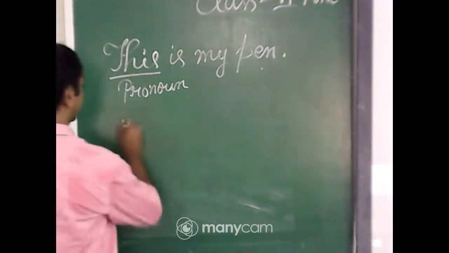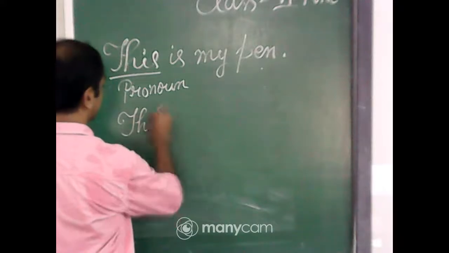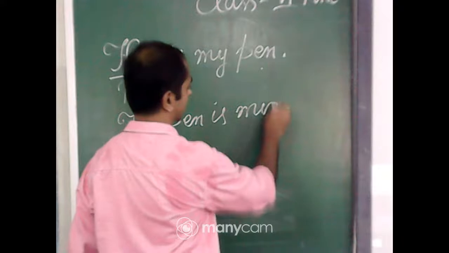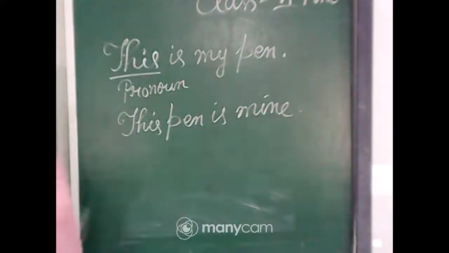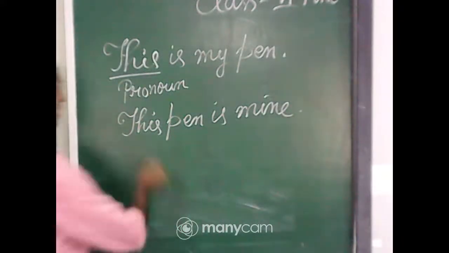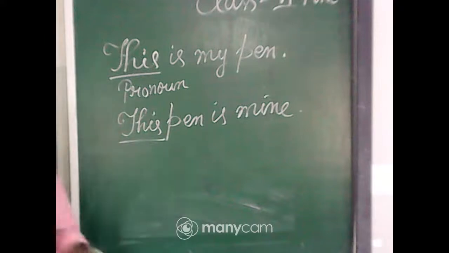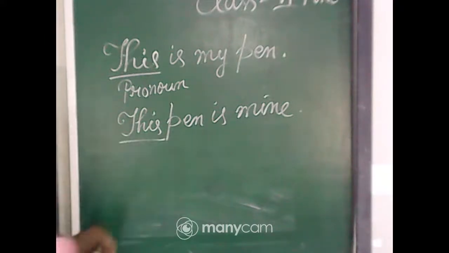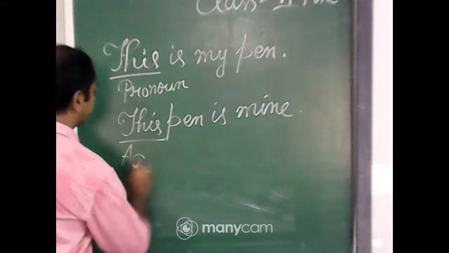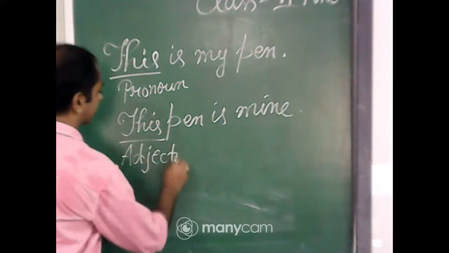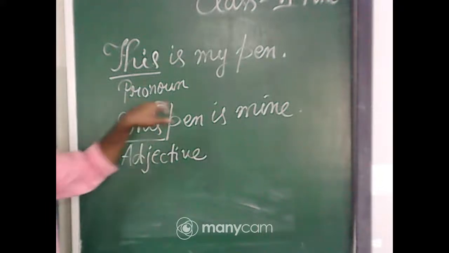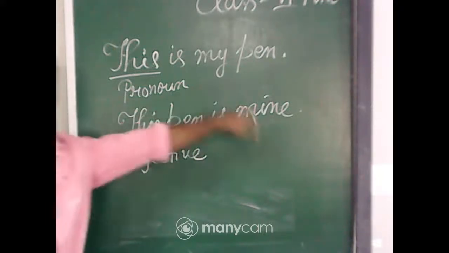Now, if I say this pen is mine. So, here the word this is used before a noun. So, this is an adjective because it is used to show the pen which is mine.